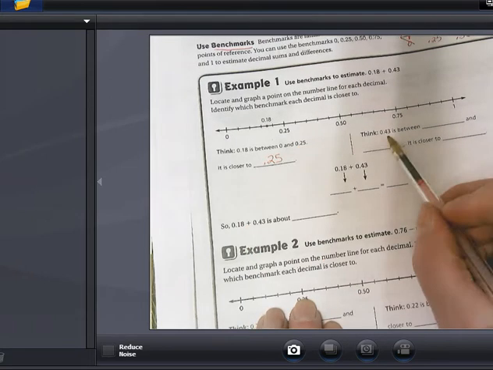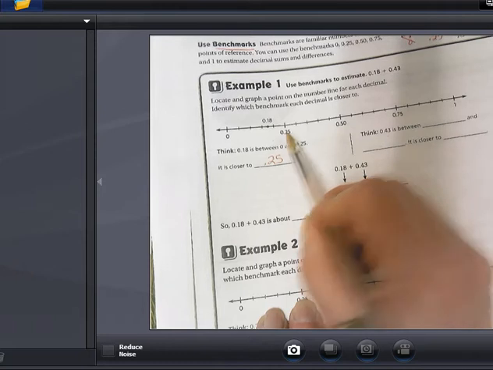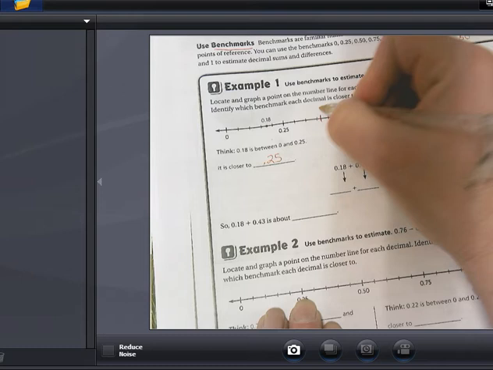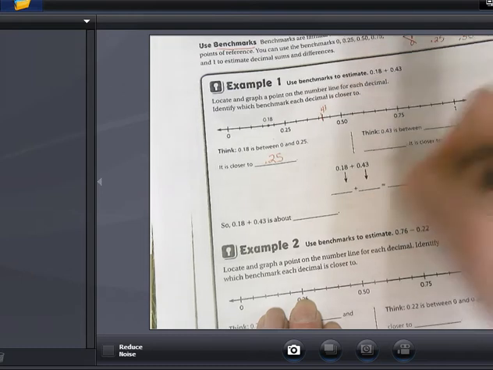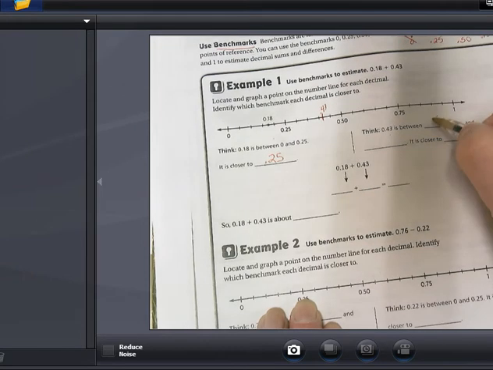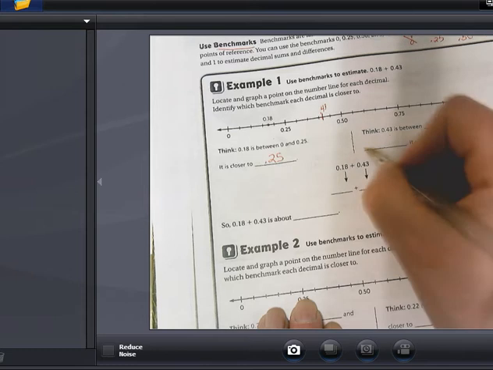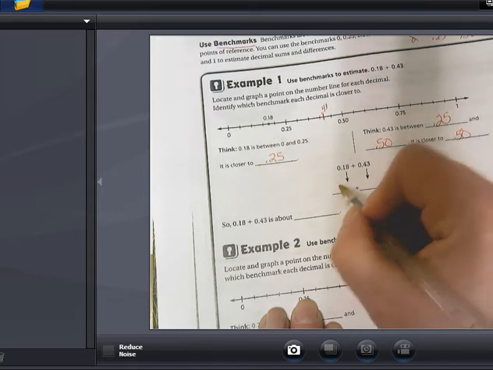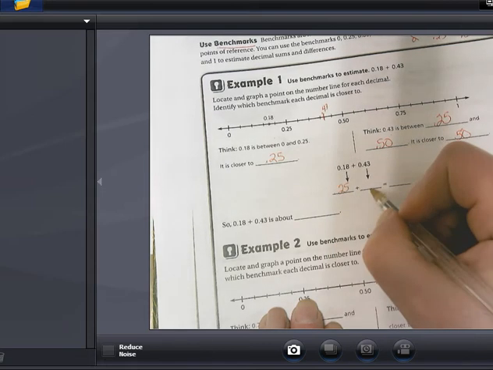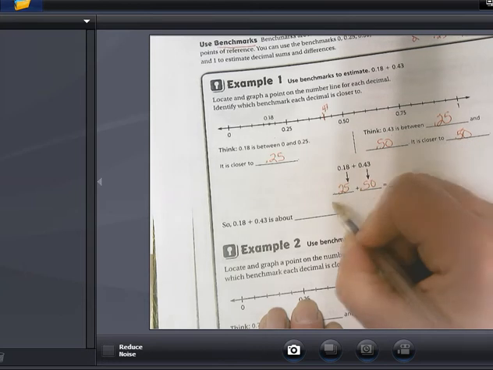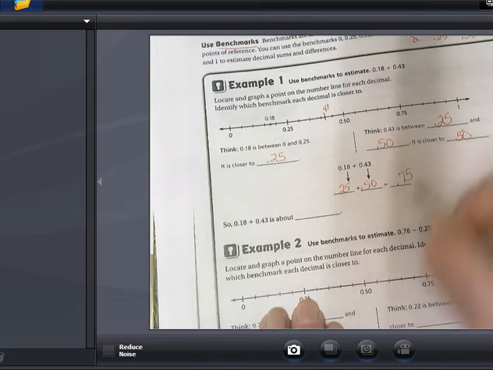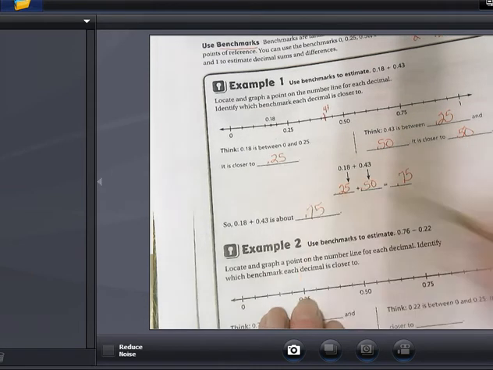Now 43 hundredths is between 25 hundredths and 50 hundredths, and it's closer to 50 hundredths. So using benchmarks, 25 hundredths plus 50 hundredths is like counting quarters, and I have 75 hundredths, so it's about 75 hundredths.